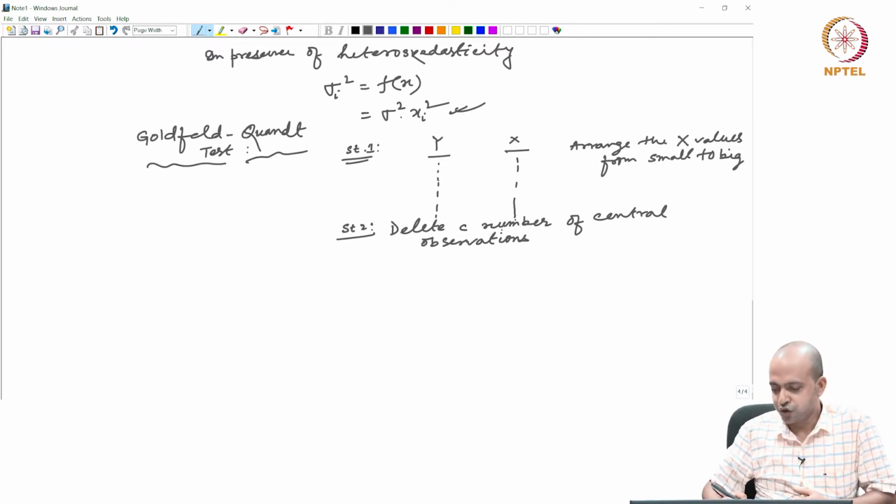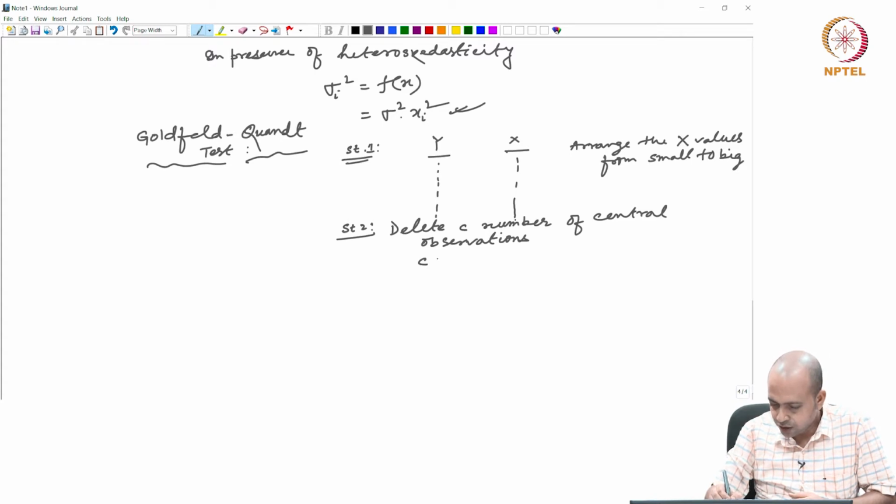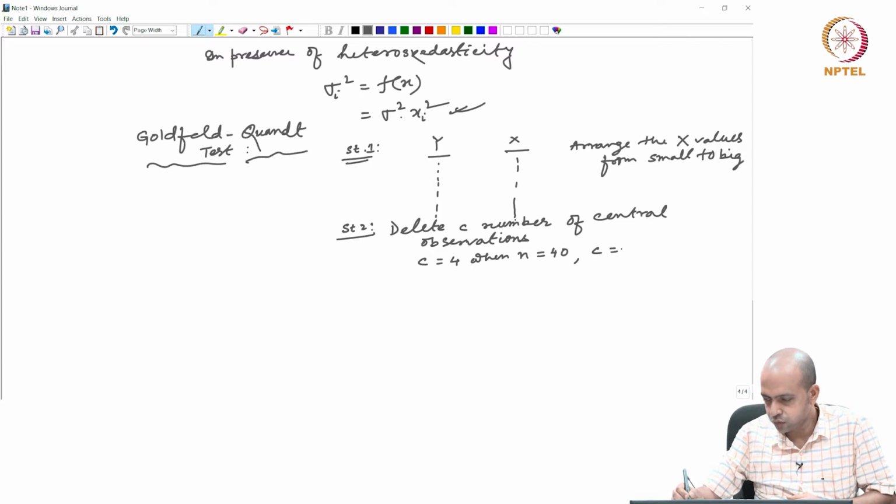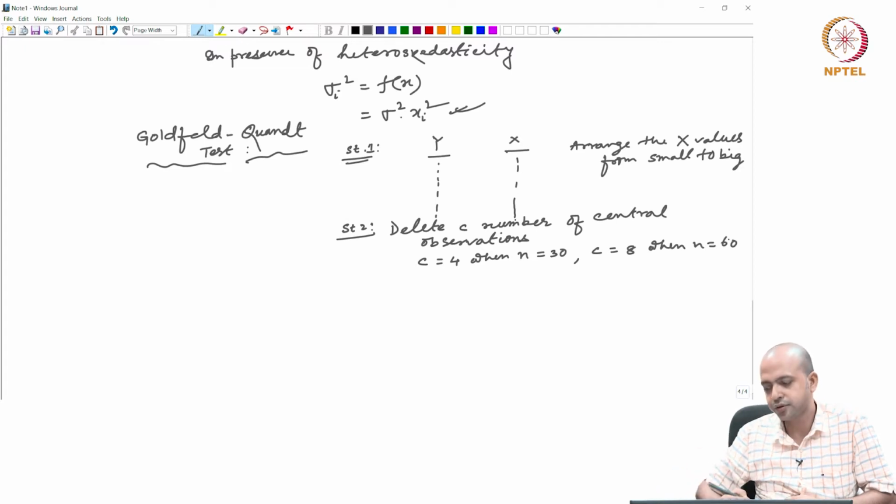This C equals 4 when n equals 40, or let us say n equals 30, and C equals 8 when n equals 60, something like that. This is a rule of thumb basically. You delete C number of observations.